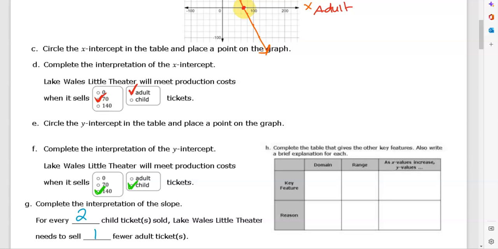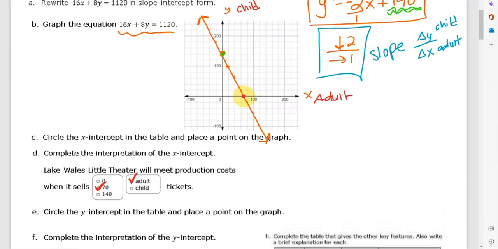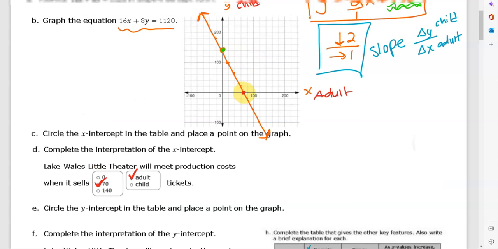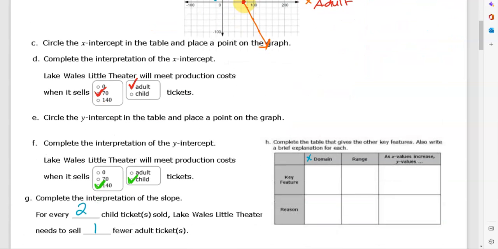What is the domain for this particular problem? It is not all real numbers. So domain is my x's, yes? Okay. So what is the least amount of x tickets, adult tickets, that we can purchase? 0. And what's the most adult tickets that we can buy? 0 to 70. Good. That's the domain for this particular problem.